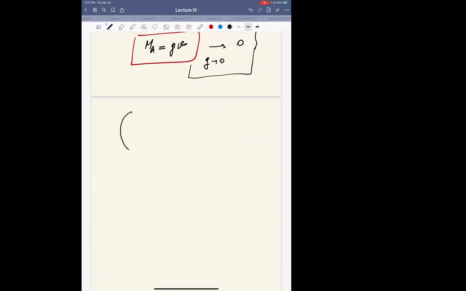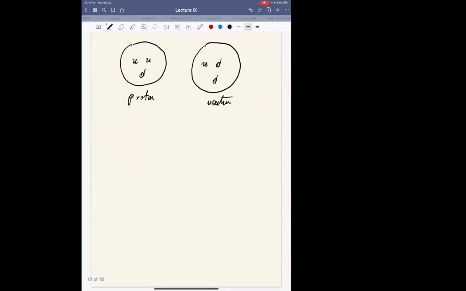Remember what I said, there is this guy, the proton, and it's made of some funny up and down quarks. There is also the neutron. Remember what I told you, m_proton is basically equal to m_neutron, okay, almost, which is like g v. But m_quark, u and d, they are not the same mass, roughly.